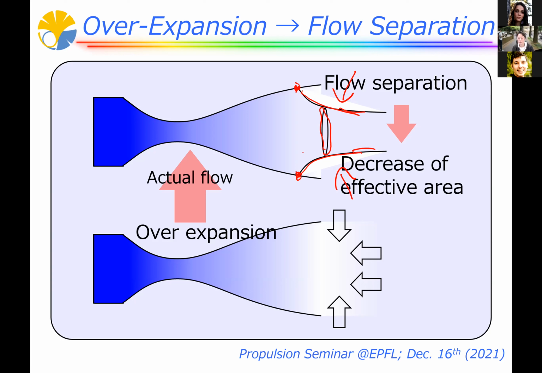So this means here, basically, the Mach number is higher than 1, and this means a deceleration. So accelerated gas is decelerated from this point again. So it's not good for us for the propulsion. So we want to avoid this kind of status.